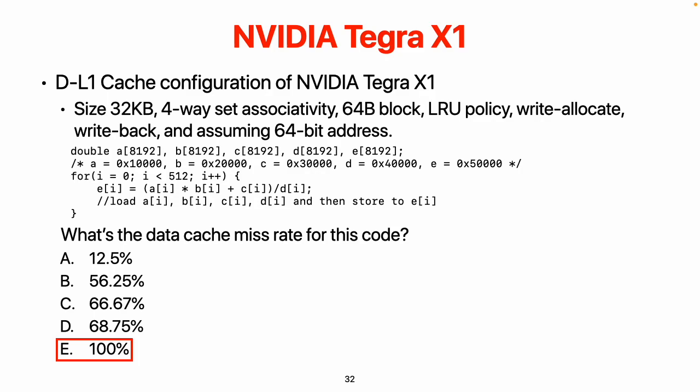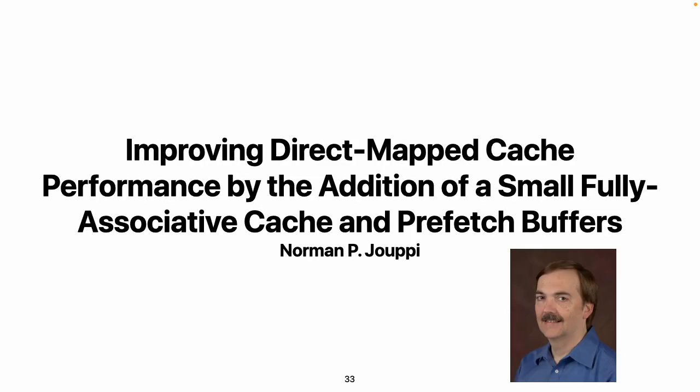This paper by Norm Jouppi is going to tell you how we can accommodate the situation where my cache has very limited associativity. And that should be a paper you have already read.